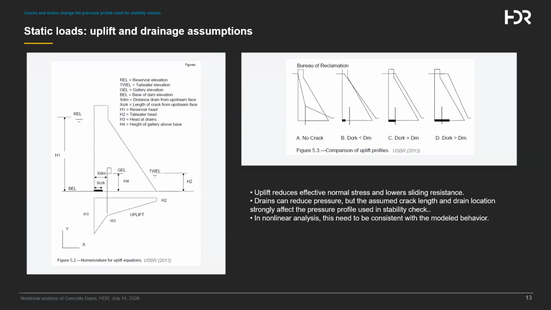A drainage system in dams can reduce this uplift pressure, but we should be careful that the assumed drain location and the crack length influence the pressure profile that we use in the stability check. So in nonlinear analysis, this profile should match the model behavior, and the model behavior should be matched with reality.